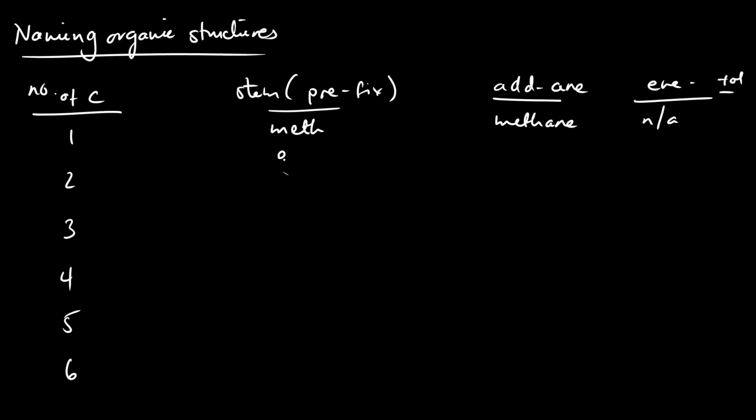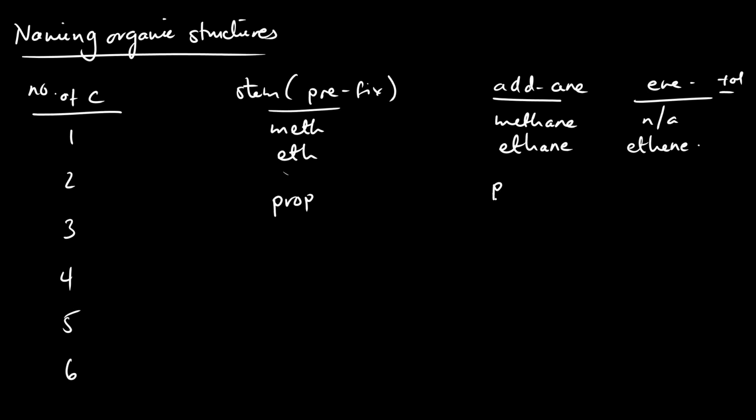The stem for 2 carbons is eth. It will be ethane. However, yes, you can make ethene here. 3 carbons, you have prop.